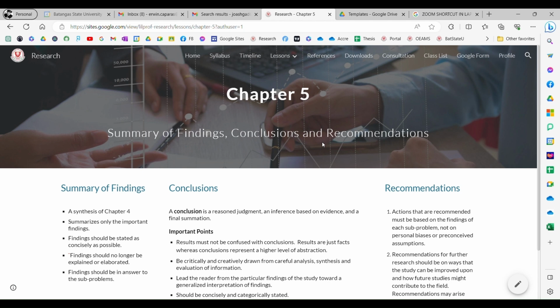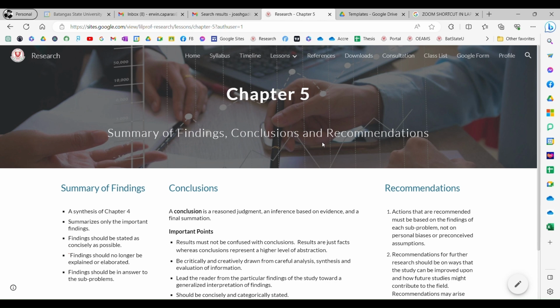All of the results that you have presented in your chapter 4, from the presentation, analysis, and interpretation, you will make a summary of, and it is to be presented in order of the presentation of our statement of the problem. If you have five sub problems in the statement of the problem, then we will also have five items in the summary of findings.